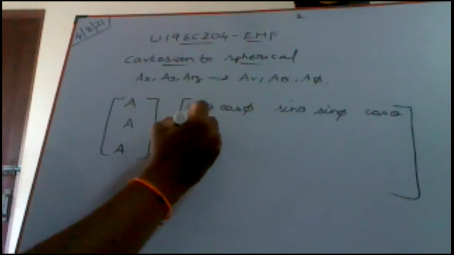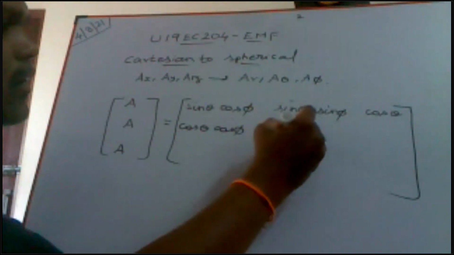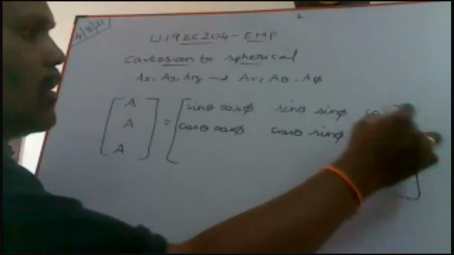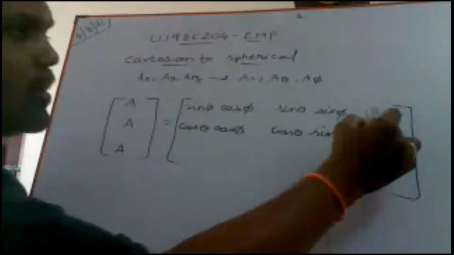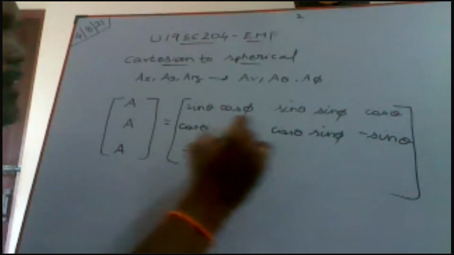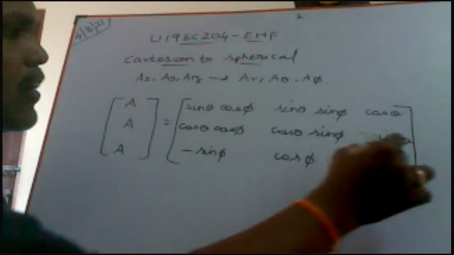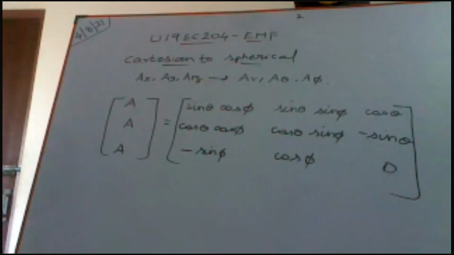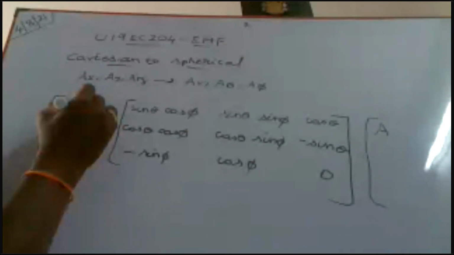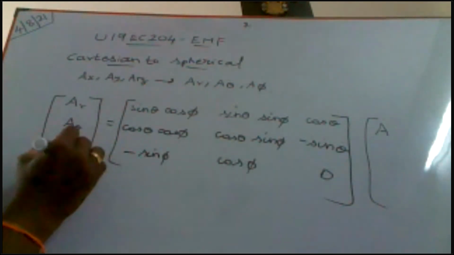Then here cos theta cos phi, cos theta sin phi, minus sin theta. Then at the bottom minus sin phi, cos phi, and 0. Okay, what we know is the matrix; what we are finding is theta and phi.